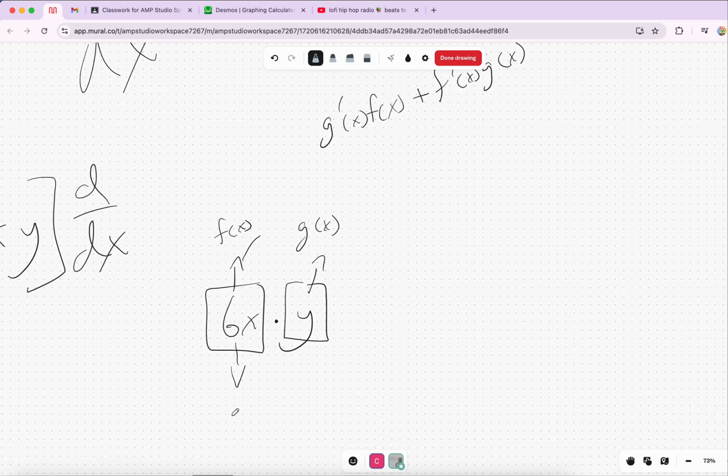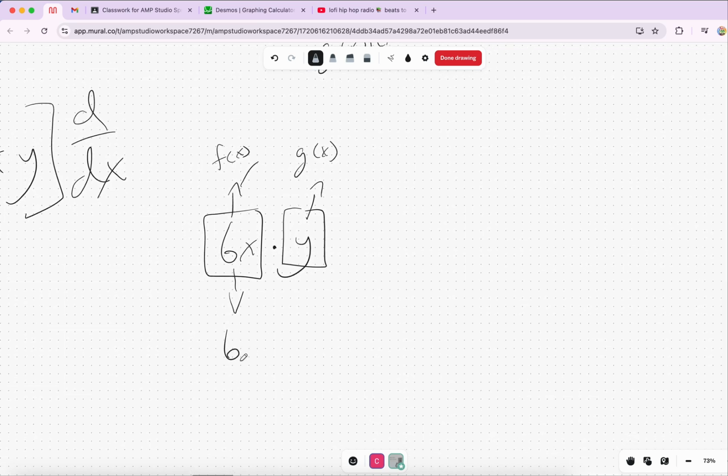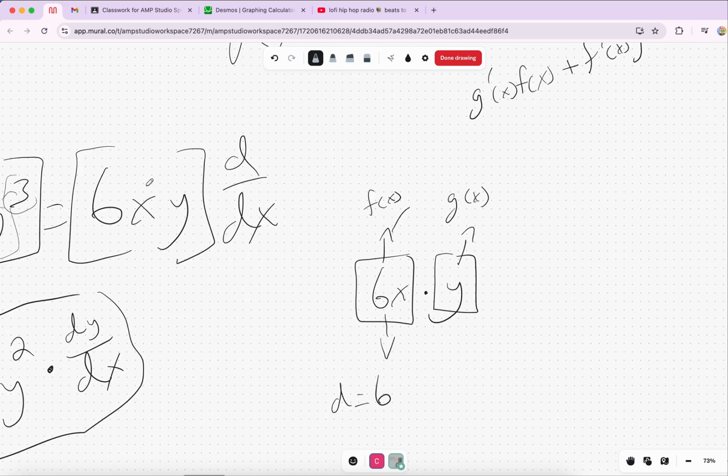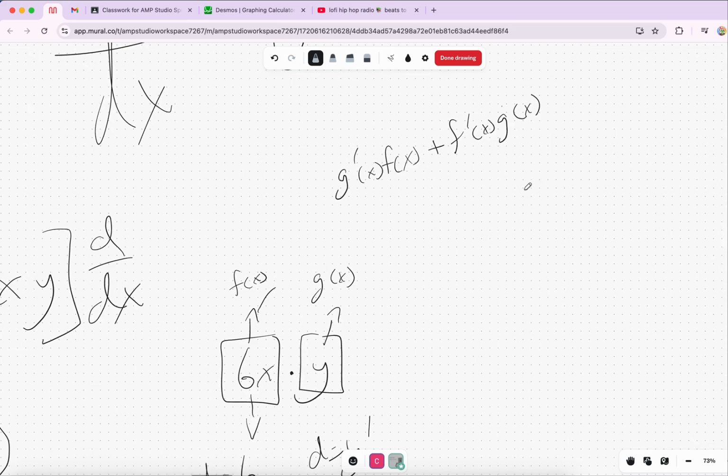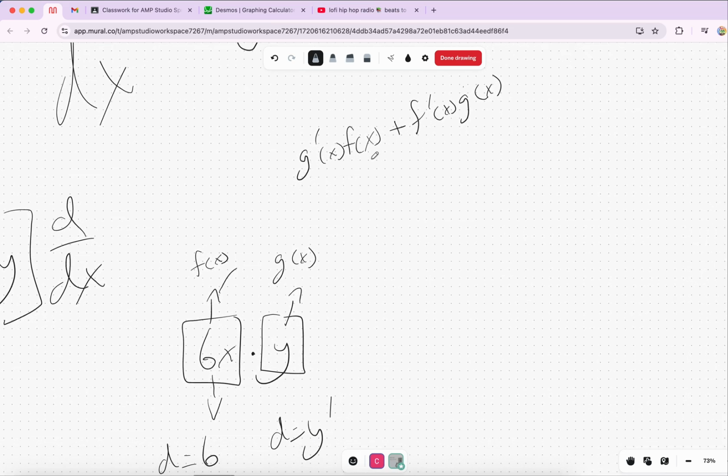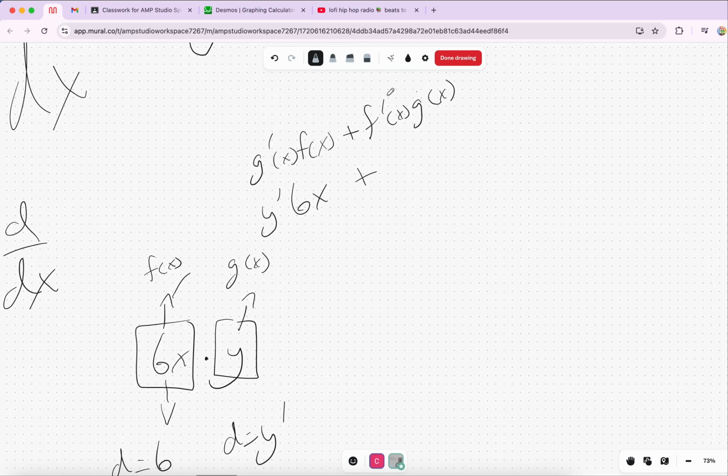The derivative of 6x would just be 6, right? And for y, we do it just like we did the one over here. There's nothing to pop out, so it's just y prime, the y derivative. So that's the derivative for the second chunk. Let's come back over here and compose those together. We've got g prime, which is y prime, times f of x, which is 6x, plus f prime, which is 6, times g of x, which is y.